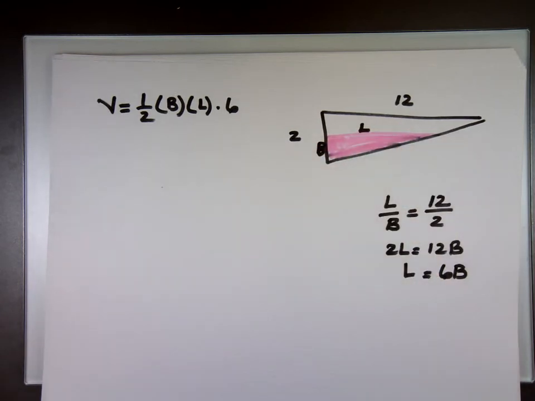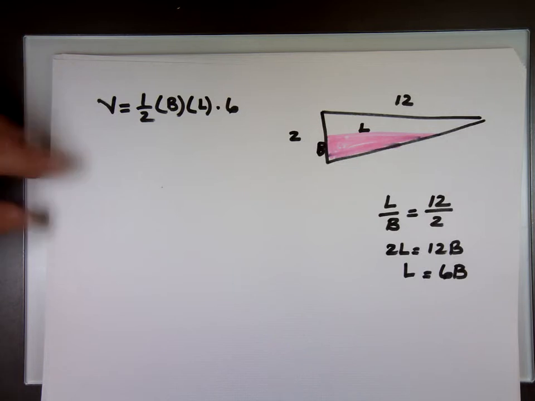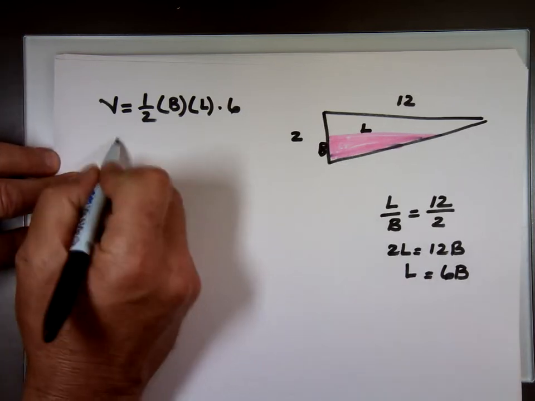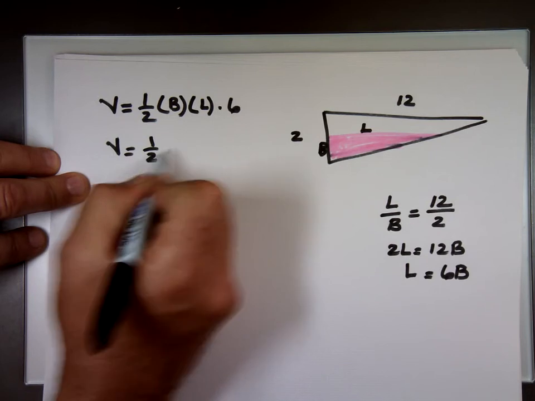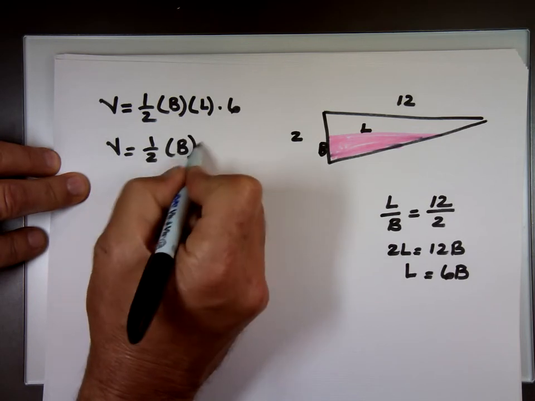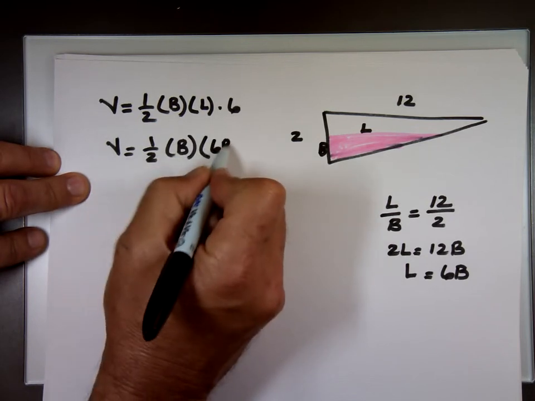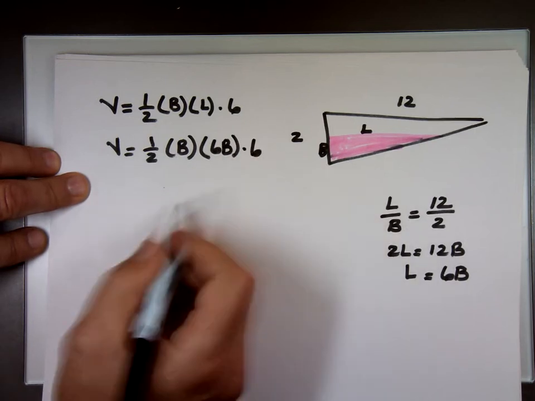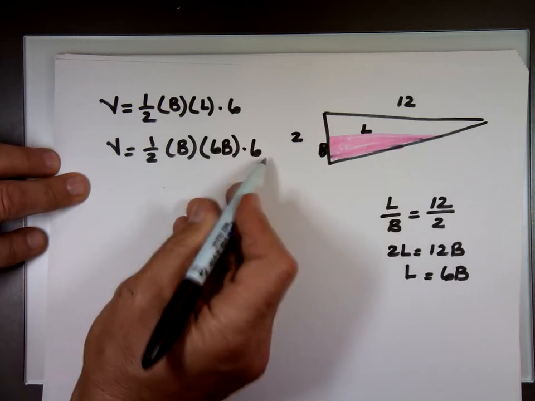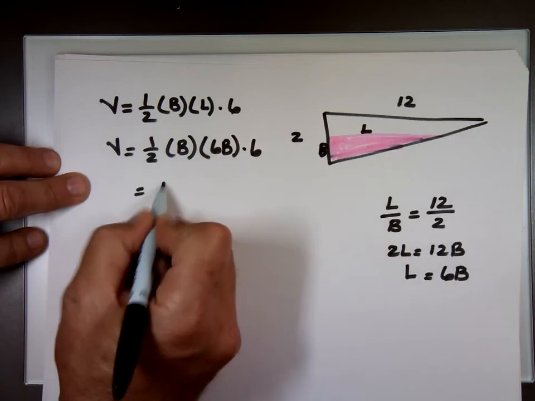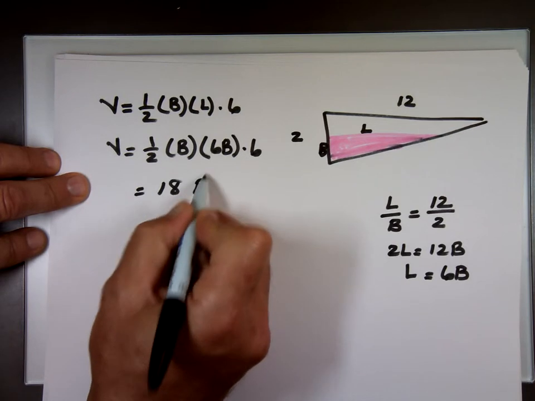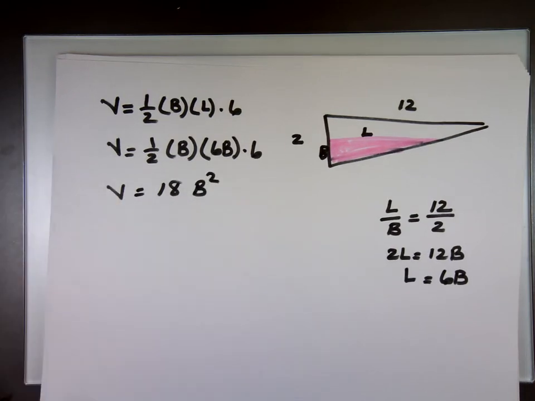In this case. So if you replace L with 6B, L, which is 6B, times 6, 3 times 6 is what, 18? Now take the derivative.